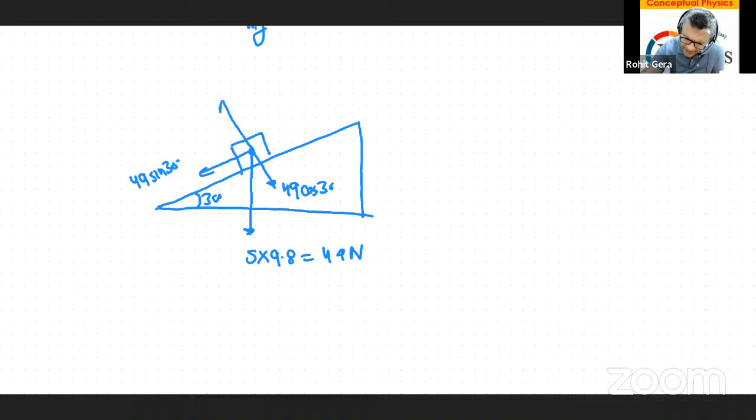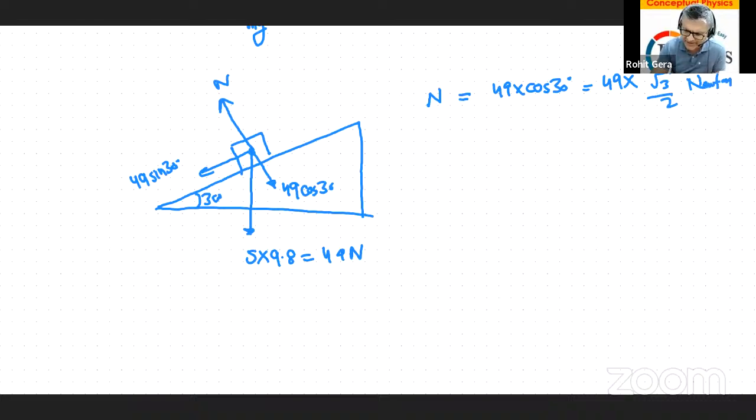N. So if I were to write equations of all of this, I will say the normal reaction acting on the body in the y-axis in the new coordinate system is 49 multiplied by cos 30, which is root 3 by 2 newtons. Okay, so that's your normal reaction.